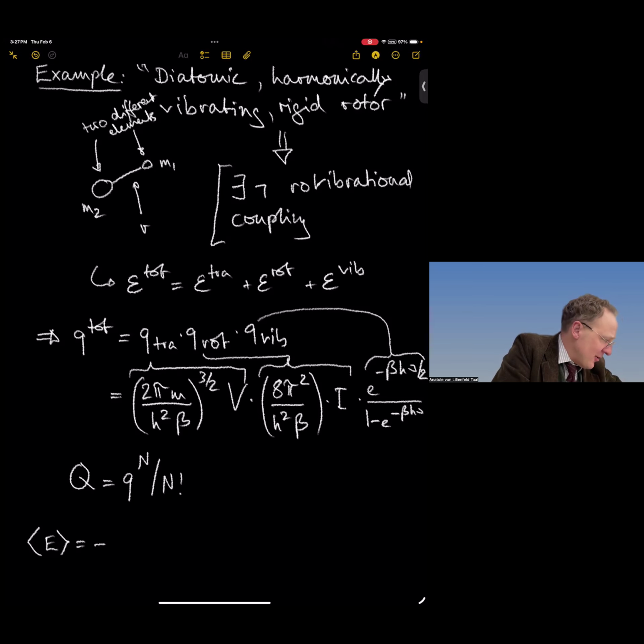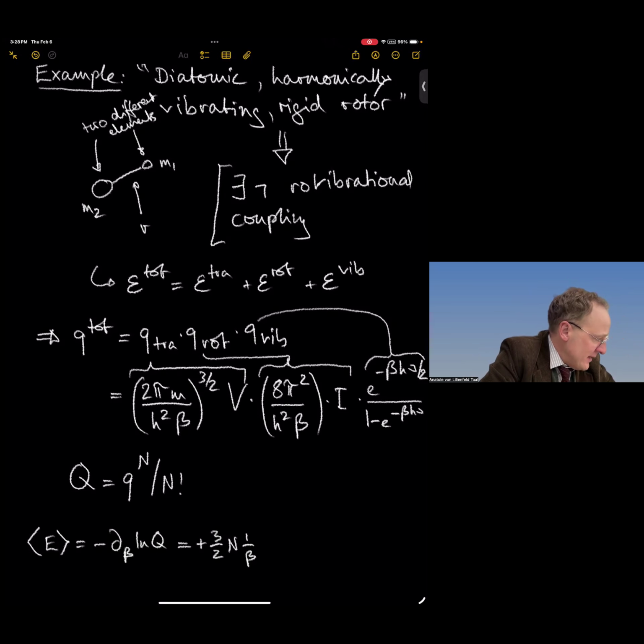So this is our minus the derivative of the logarithm of Q with respect to beta. And we can now insert the corresponding terms and differentiate them immediately. And so I think by now we have some practice here, right?